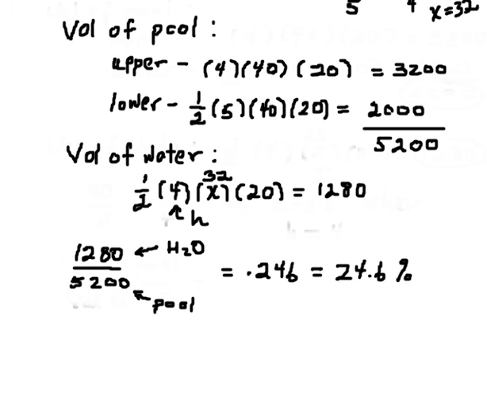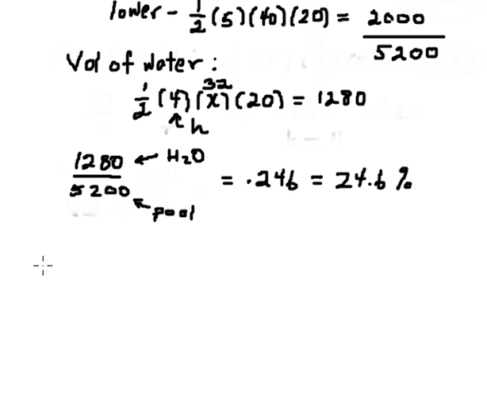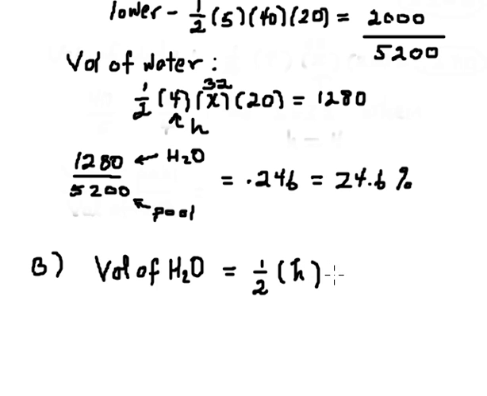Here we have a little calculation of the volume of the water when the height is 4. So let's write down a formula for the volume of the water for a general height. Now we're doing part B, and the volume of the water for a general height h is equal to 1/2 h times x, whatever the length of the water is at the time, times 20.